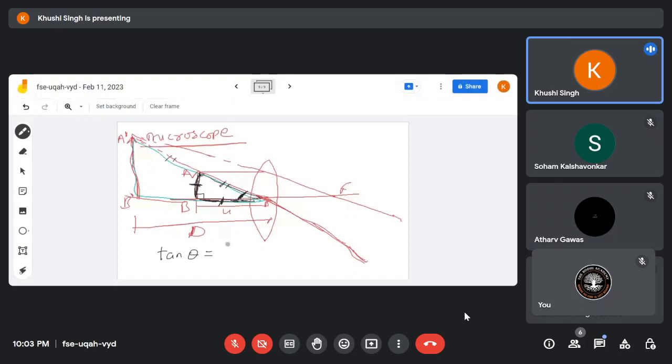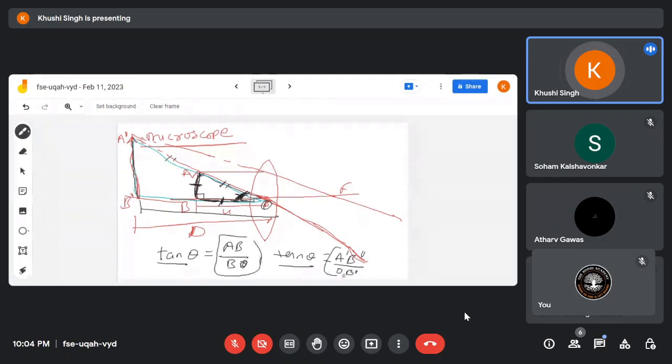This distance, that is OB'. Now both are tan theta and tan theta. That means this should also be the same. This and this I can equate. So I will equate AB upon BO is equal to A'B' upon OB'.